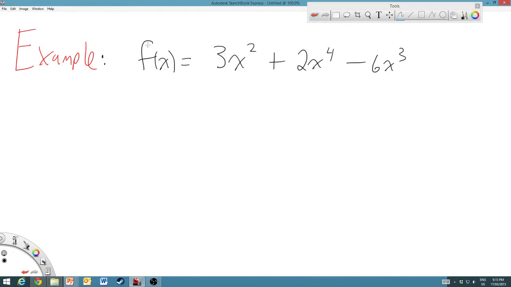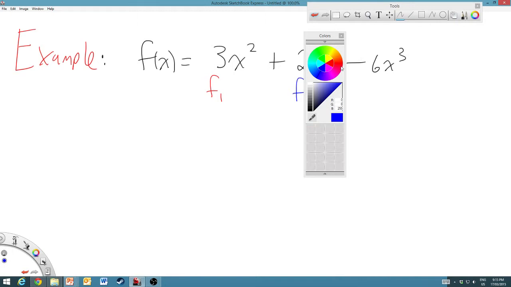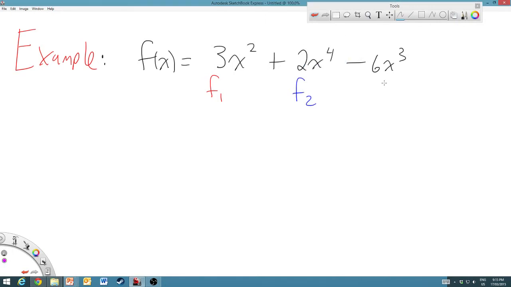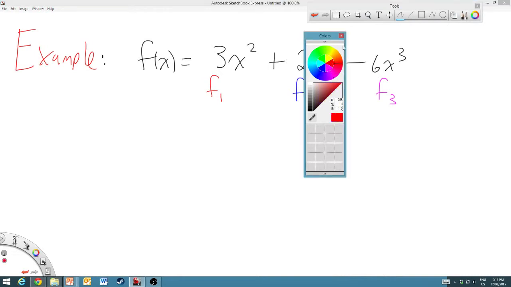Now, even though here I just have a single f of x, you can treat this as 3 separate functions. So we'll call this one, let's do this one in red, f1, this one in blue, f2, and we'll do the other one in this magenta color, we'll call this f3.